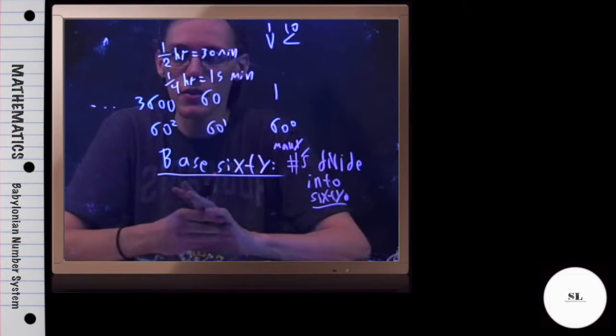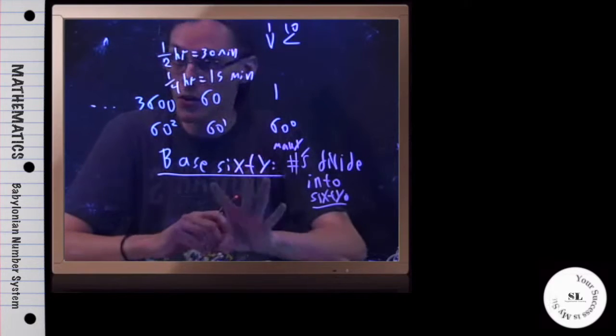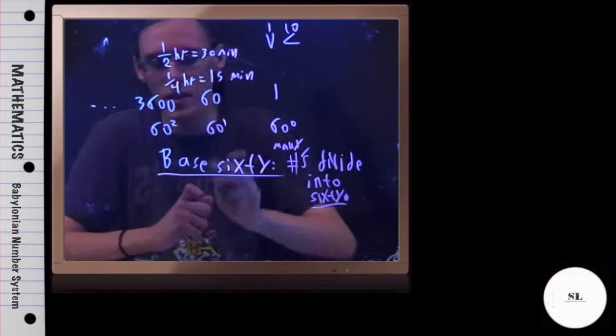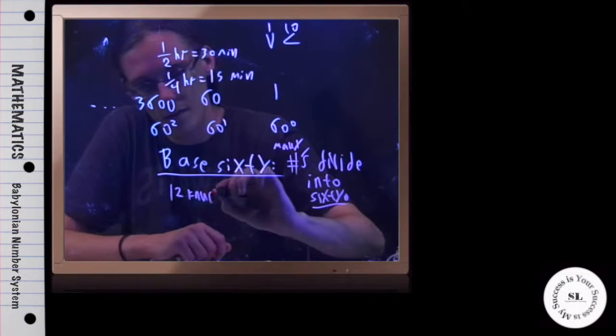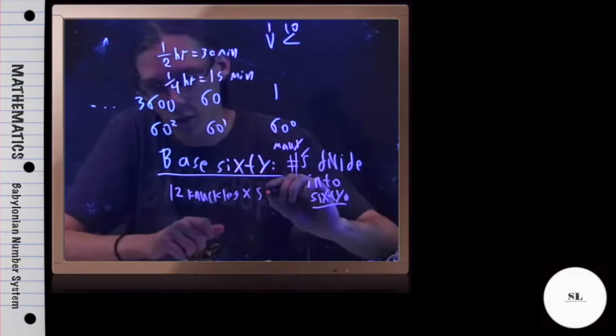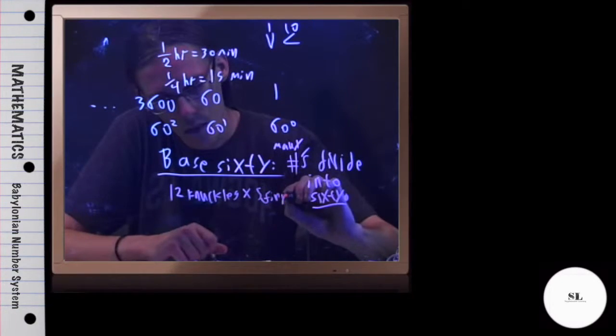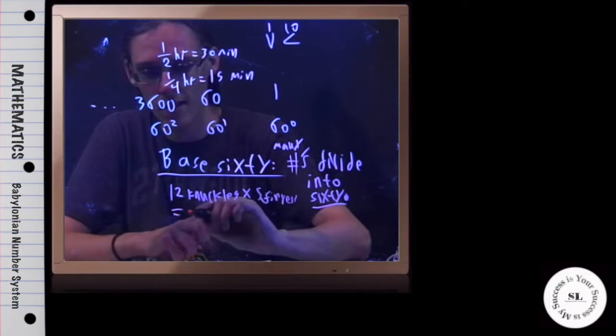Supposedly, the Babylonians said that we have 12 knuckles on a hand and 5 fingers on that hand. And so if I say 12 knuckles times 5 fingers, 12 times 5, that's 60.